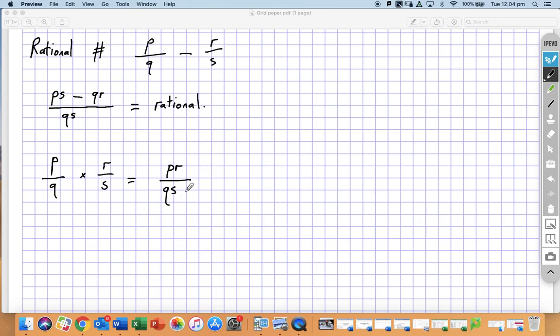Because it's still a fraction, this is still rational. So don't overthink those proofs too much. What we've just done there is satisfactory. Okay.